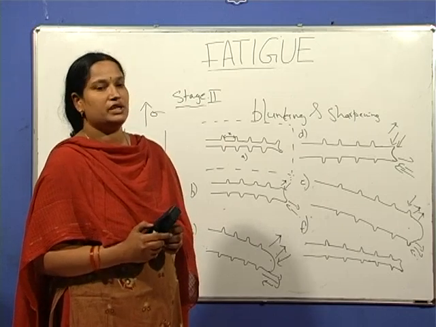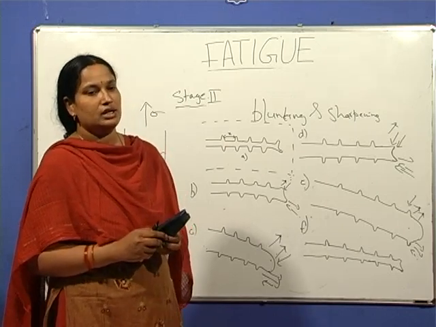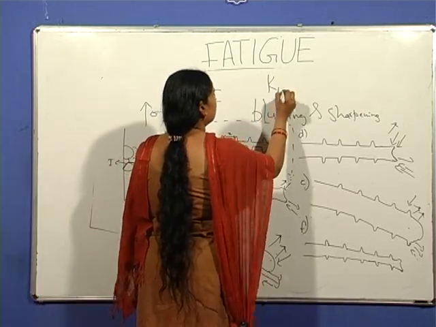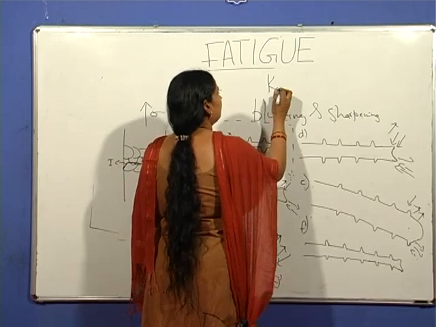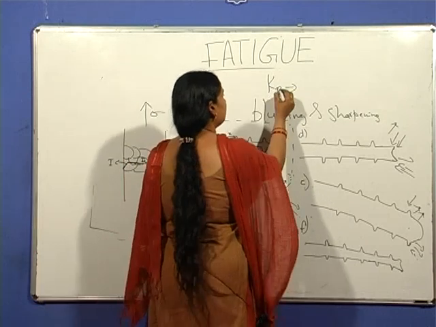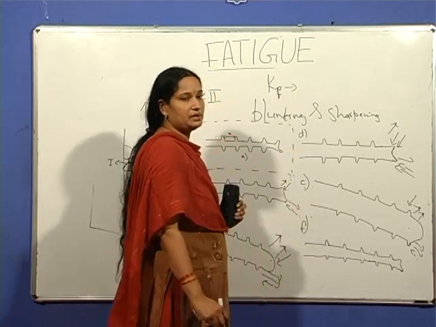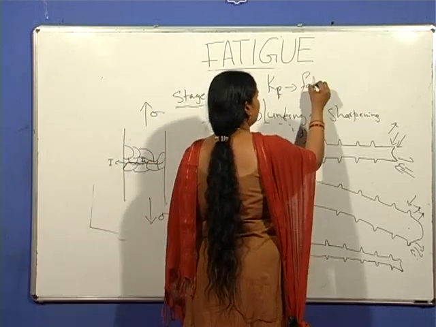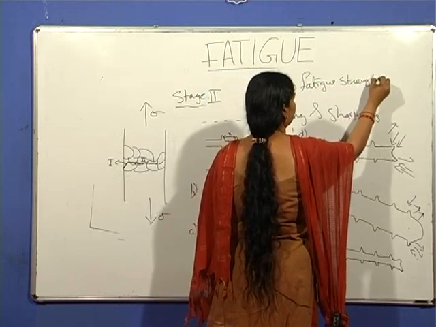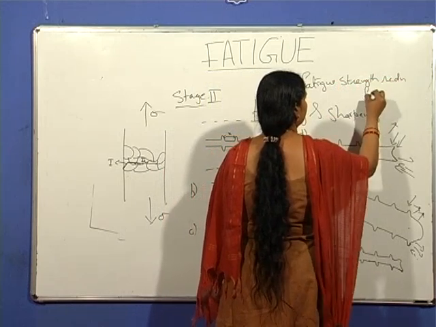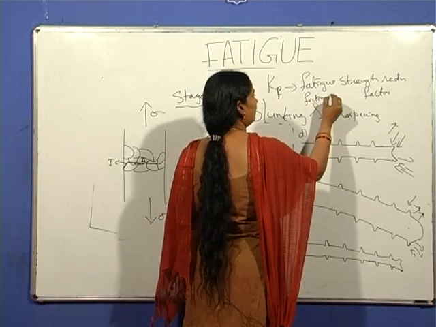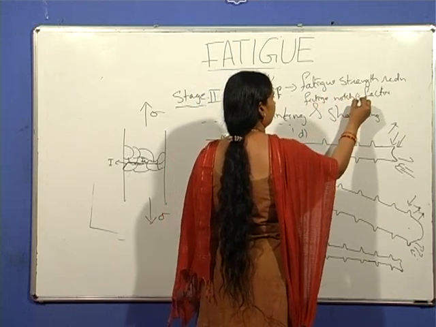The reduction in fatigue life due to the stress concentrators is known as the fatigue strength reduction factor, which is indicated by the symbol Kf, and is also known as the fatigue notch factor.